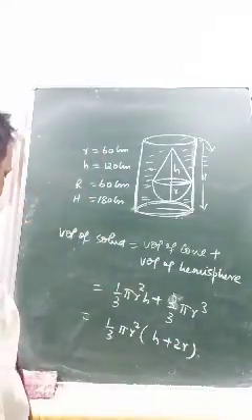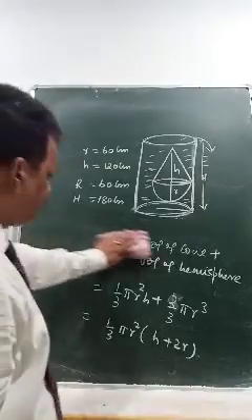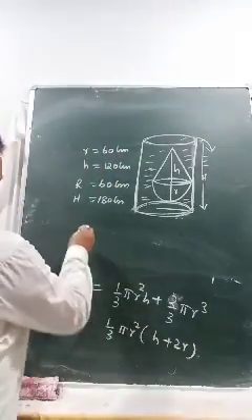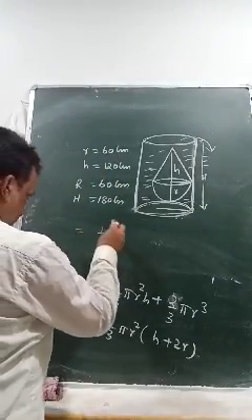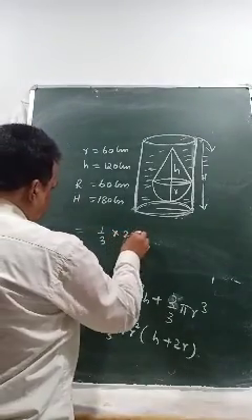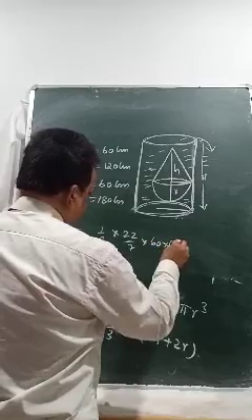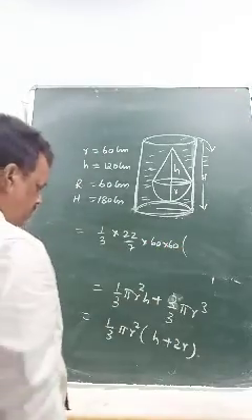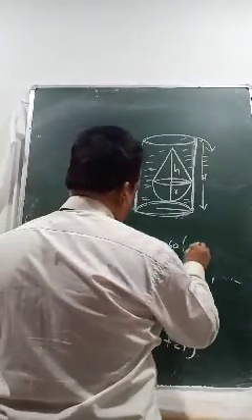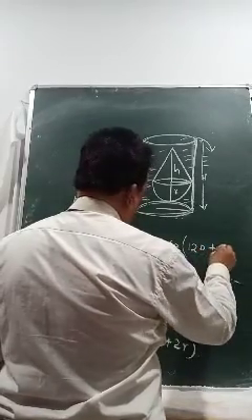Let's put the values: 1/3, 22/7, 60 into 60, h 120 plus 2 into 60.